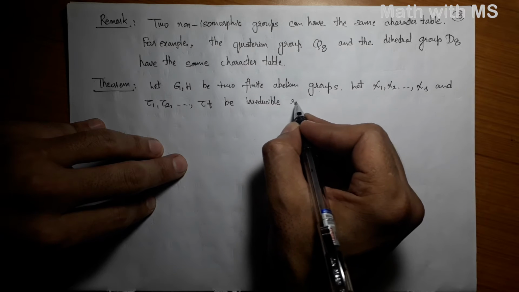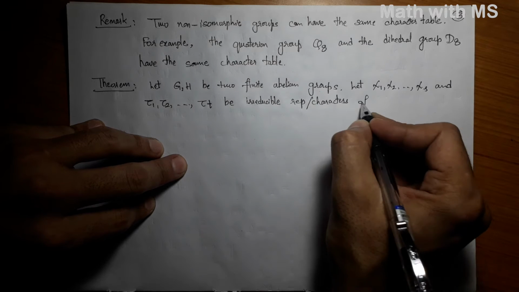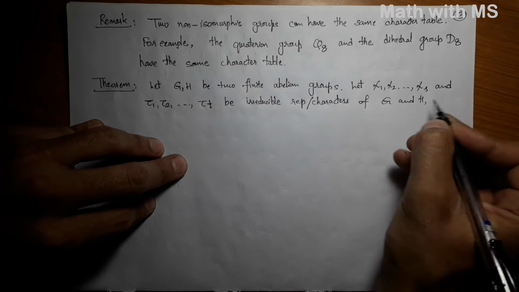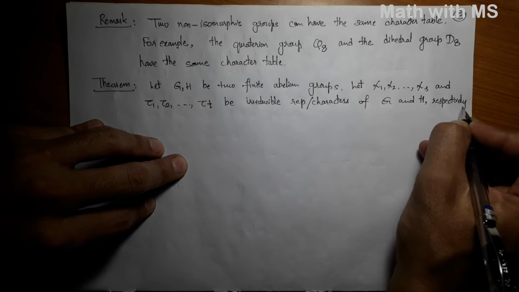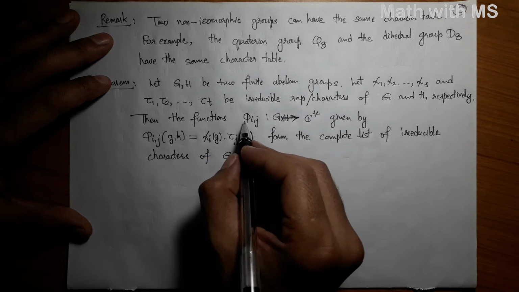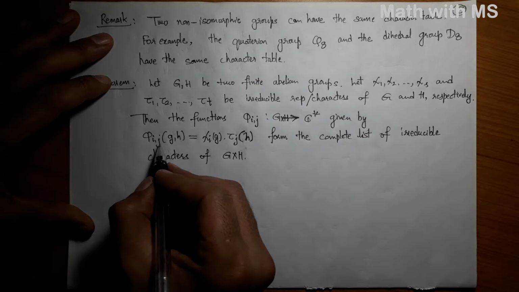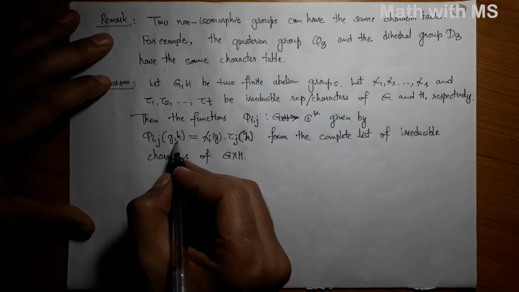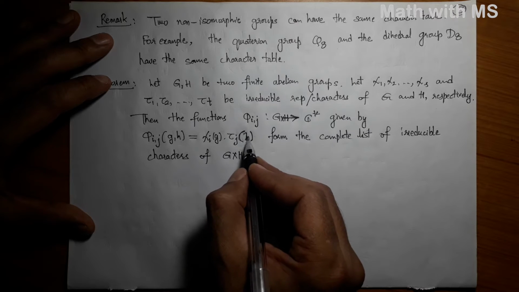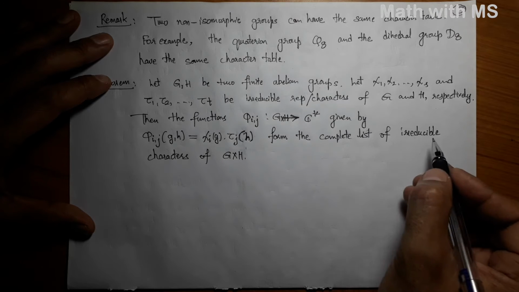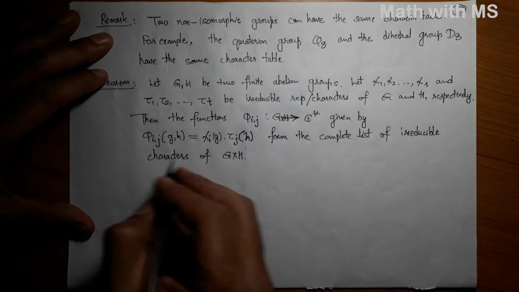Let them be irreducible representations or characters of G and H respectively. Then the functions phi ij from G cross H to C star given by phi ij acting on a pair (g,h), an element of G cross H, equals chi i of g times tau j of h, form the complete list of irreducible characters of the product group G cross H. So let's prove it.